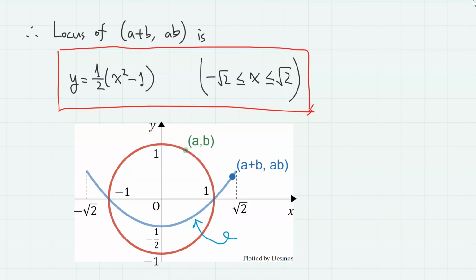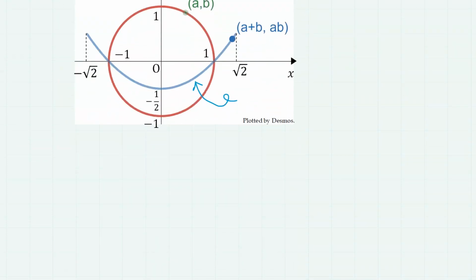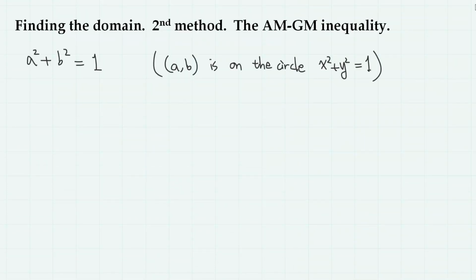But this is not the only method to find the domain. Let us find the domain by a different approach. Here we start from a squared plus b squared equals 1. Point (a, b) is on the unit circle.